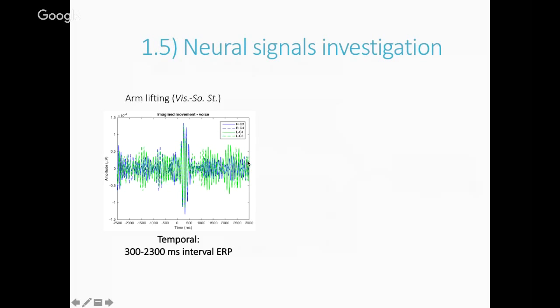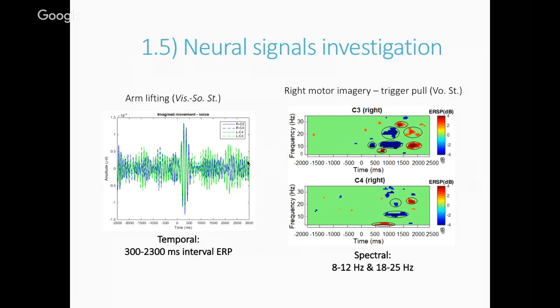And further, we can have a look at the perturbations in the spectral domain, via time-frequency representations, where here is the case for the trigger pull task with response to voice stimuli.